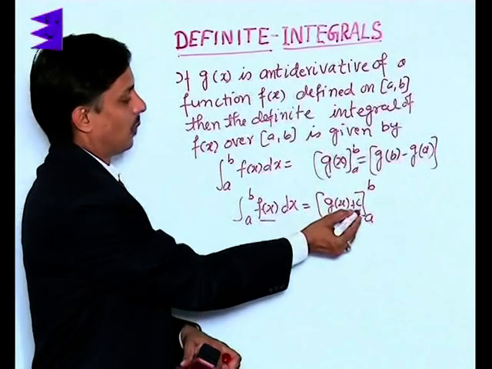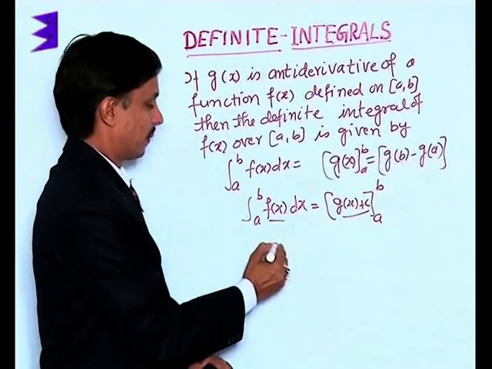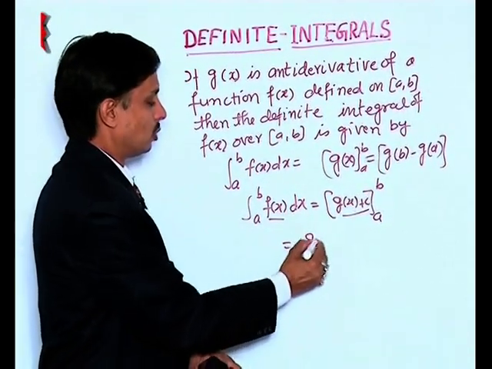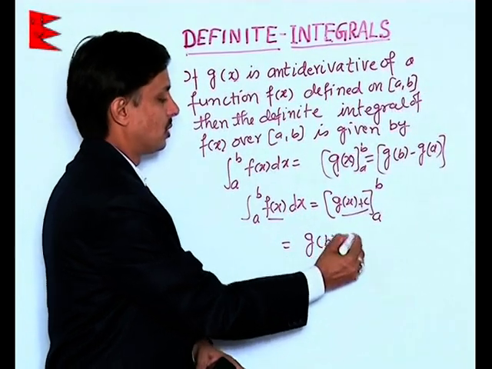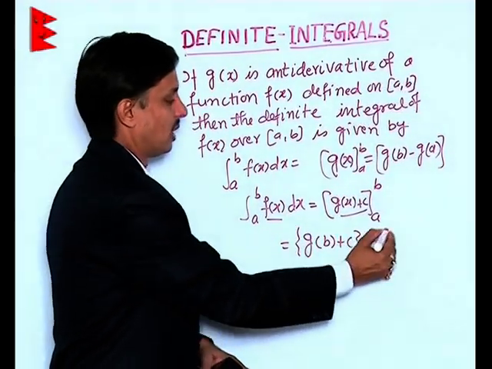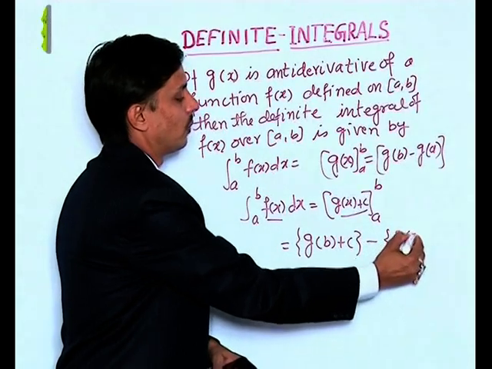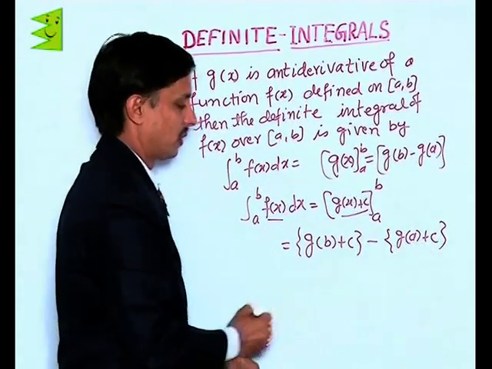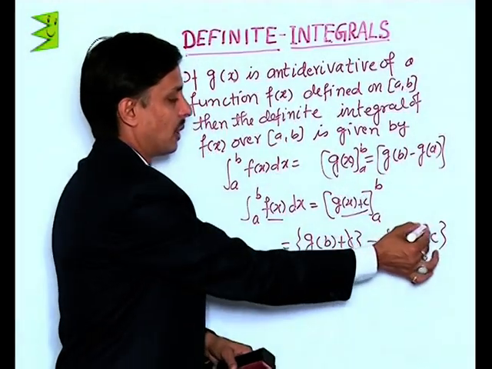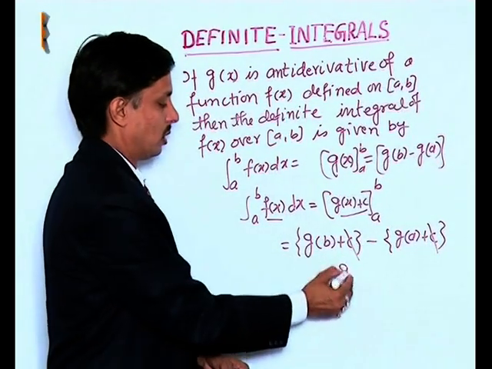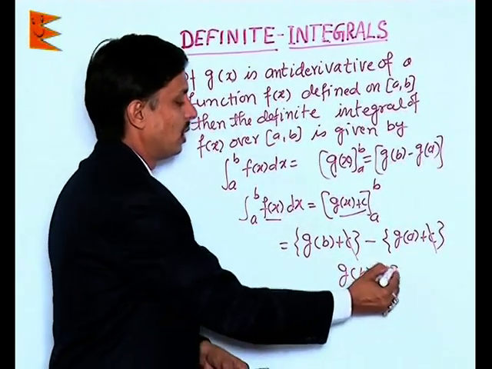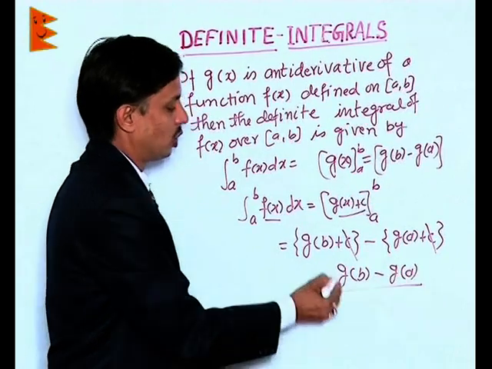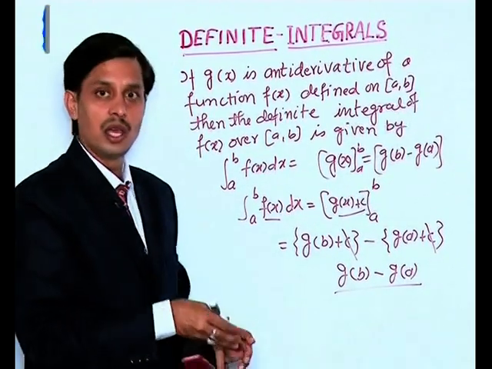Then first of all we will substitute b. So this will be g of b plus c, then minus g of a plus c. So obviously plus c and minus c will cancel. So we are left with g(b) minus g(a).